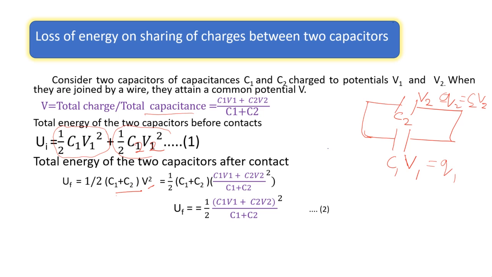Substituting for V from here, I get this expression. Therefore, after doing some mathematics, you will find that the final energy after sharing is half into C1 V1 plus C2 V2 whole square divided by C1 plus C2.